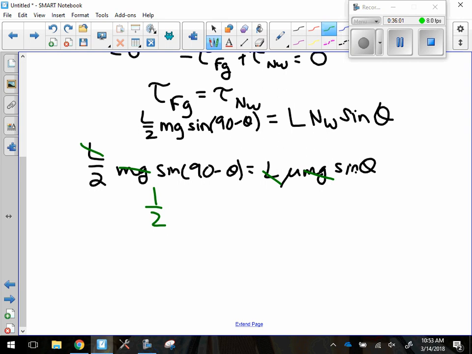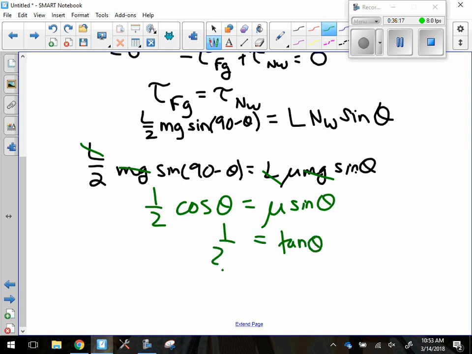Wait for it. Sine of 90 minus theta is also known as the cosine of theta. Look it up. Live it. Prove it to yourself on a right triangle. So basically, I have tangent theta is 1 over 2 mu.